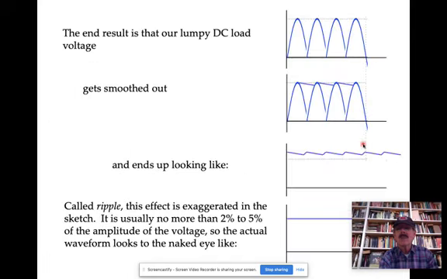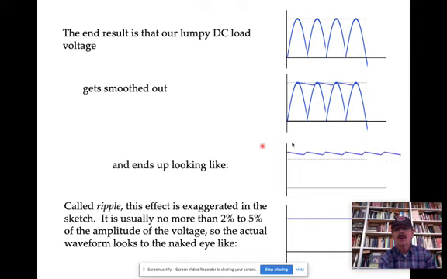So the net effect will be, instead of having the voltage drop down, the voltage will only drop very slowly, because the capacitor has voltage across it and it's leaking its current out slowly. So its voltage is dropping slowly. And because it's in parallel with the load, the voltage across the load drops slowly.